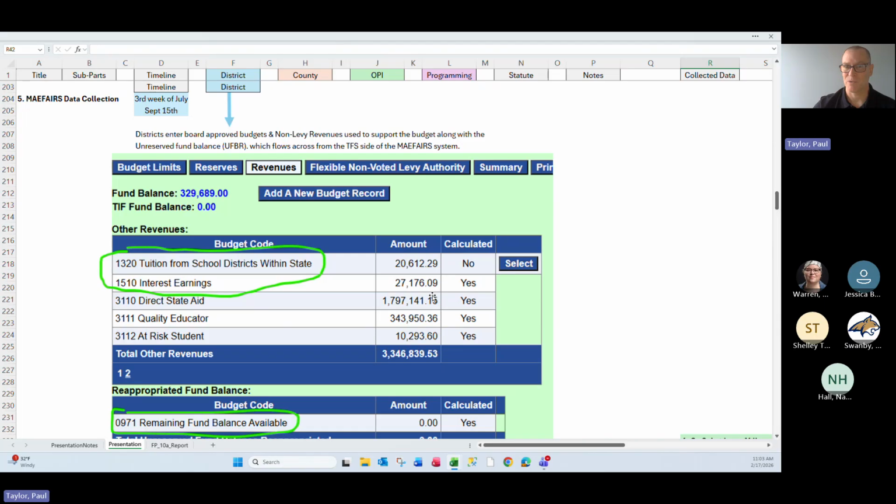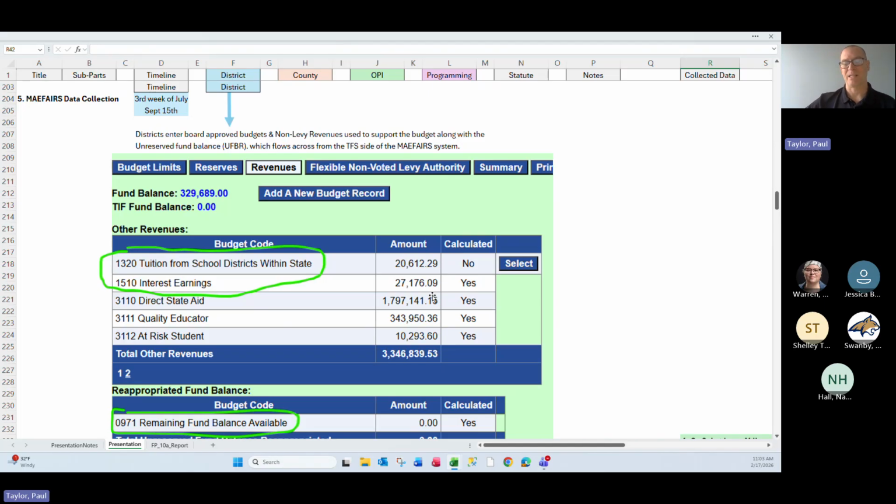And you may think to yourself, well, why is he telling me this? What does this mean? Statute says that any interest earnings amounts recorded on the TFS have to be estimated in that same amount for the ensuing year.